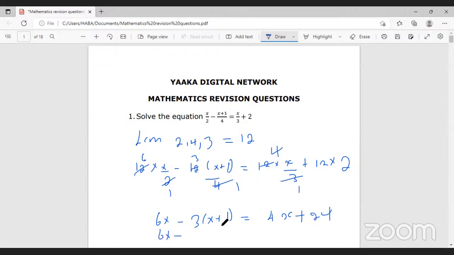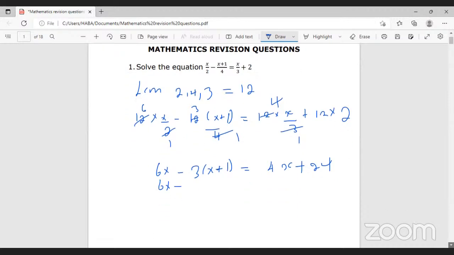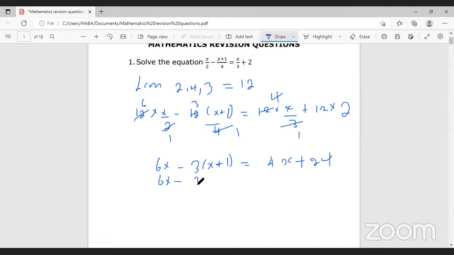What is 3 times x? Collecting like terms, it is 3x. Negative 3 times 1? Negative 3. So what do we do after?